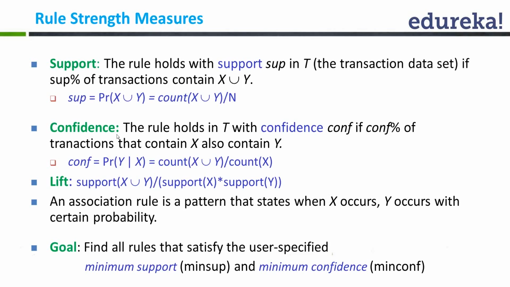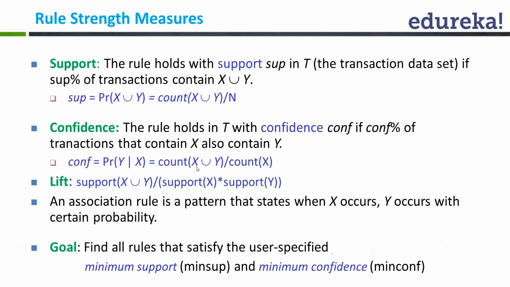Whenever I say bread implies milk, what is the confidence with which I'm saying that rule is true? It's similar to a conditional probability, and it's computed like this.